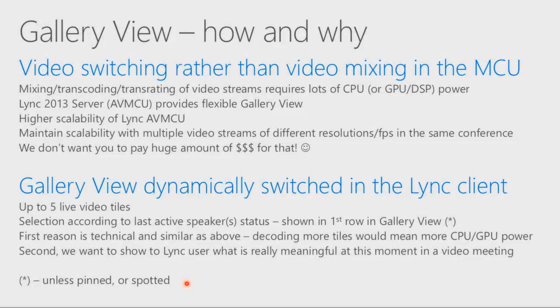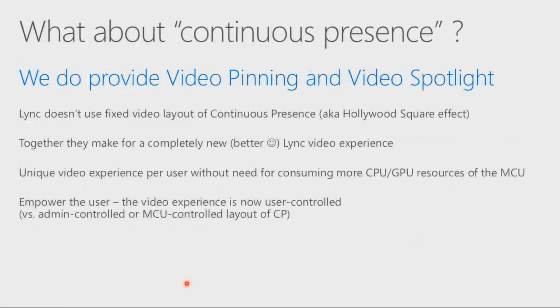I'm referring to these specific features in the Lync 2013 client, which are called video pinning and video spotlight. People want to see lots of other people in the video calls, and that's what the gallery view provides based on active speaker preference, or active speaker selection.